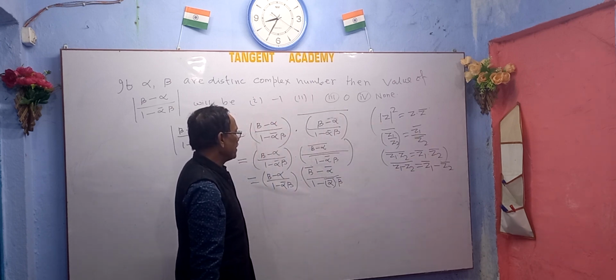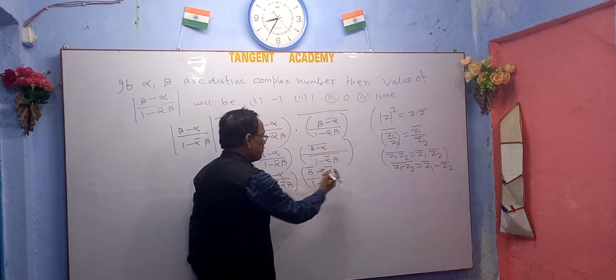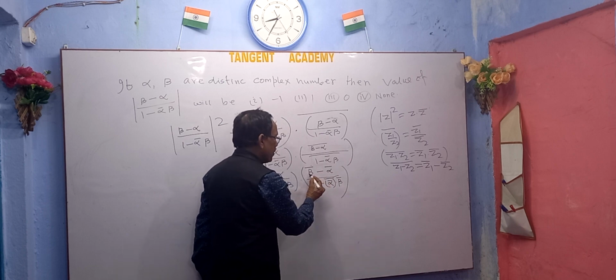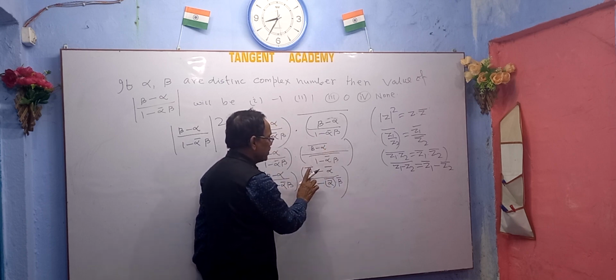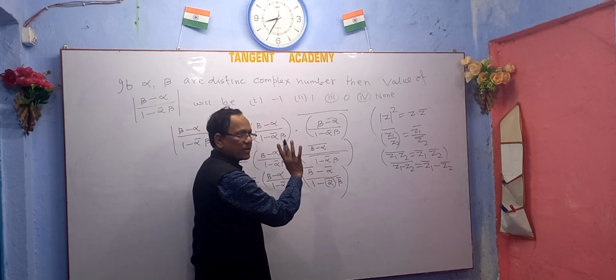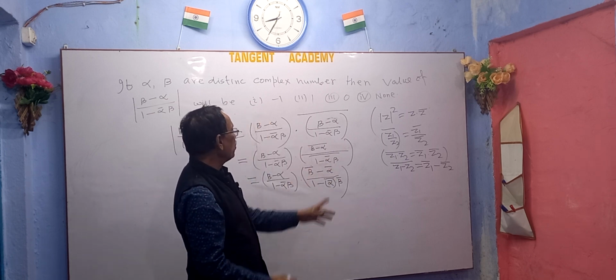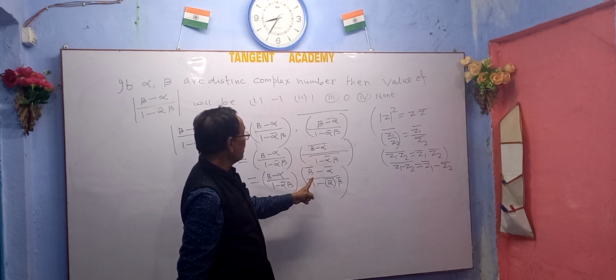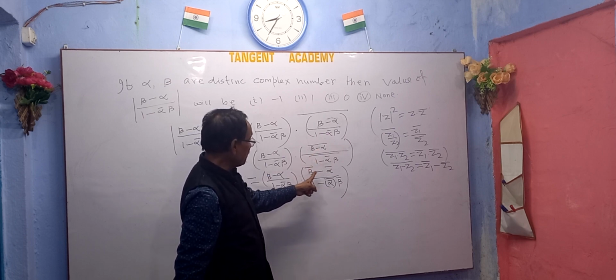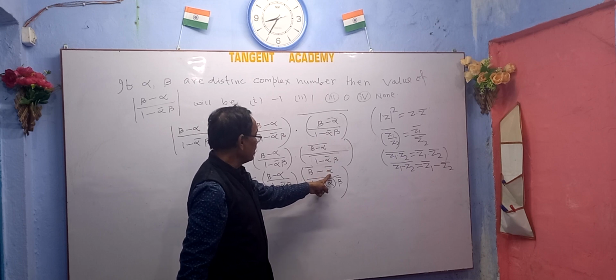In the similar pattern, (z1 minus z2) whole bar may be written as z1 bar minus z2 bar. That is, the conjugate of (beta minus alpha) can be written as conjugate of beta minus conjugate of alpha.